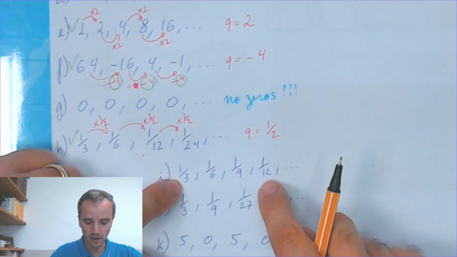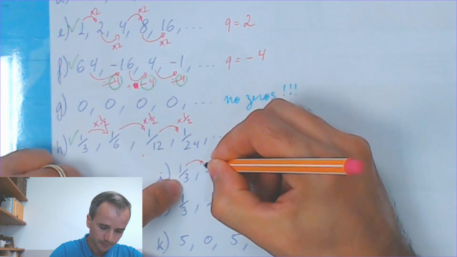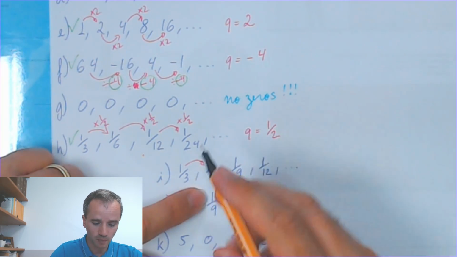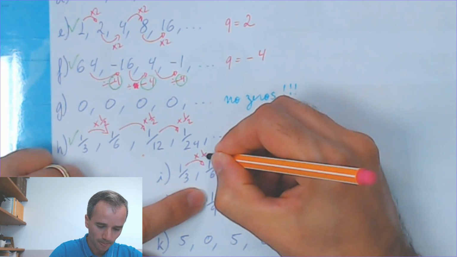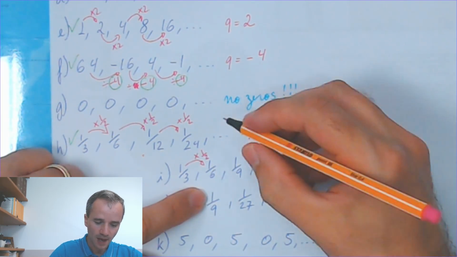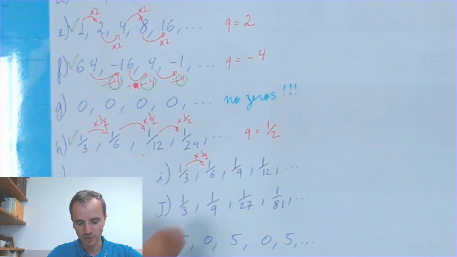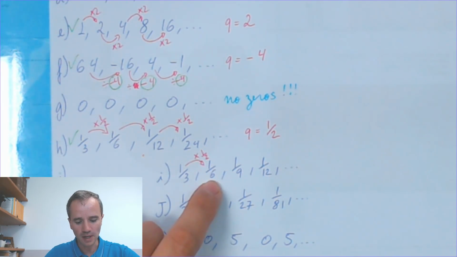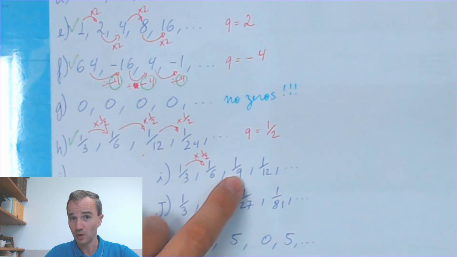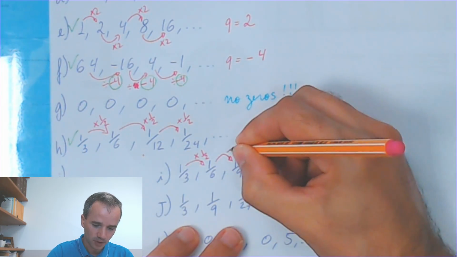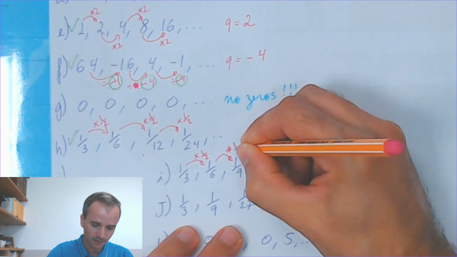And it's clear, right? It's not a geometric one because from here to here, Q would be half, we just have to multiply by half. But to go from 1/6 to 1/9, if we just multiply by half, it would be 1/12, not 1/9. So this is certainly going to be different than half.